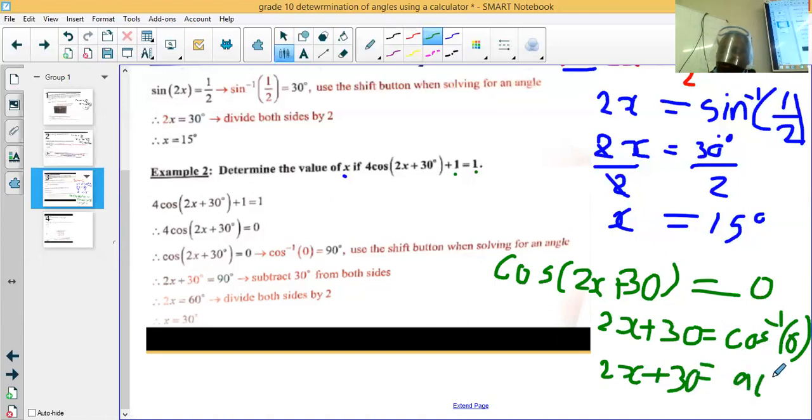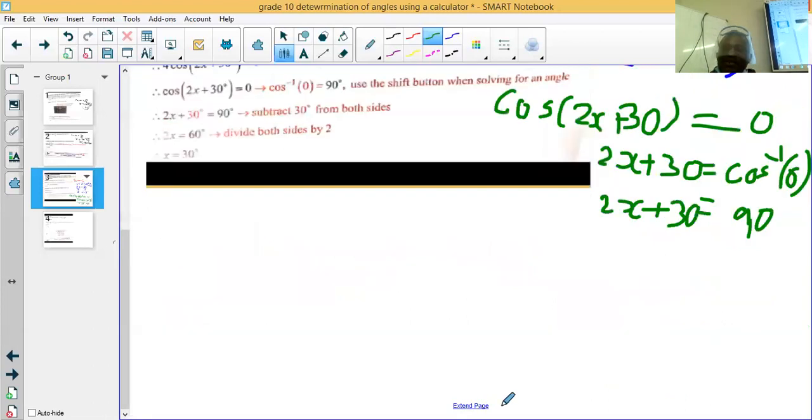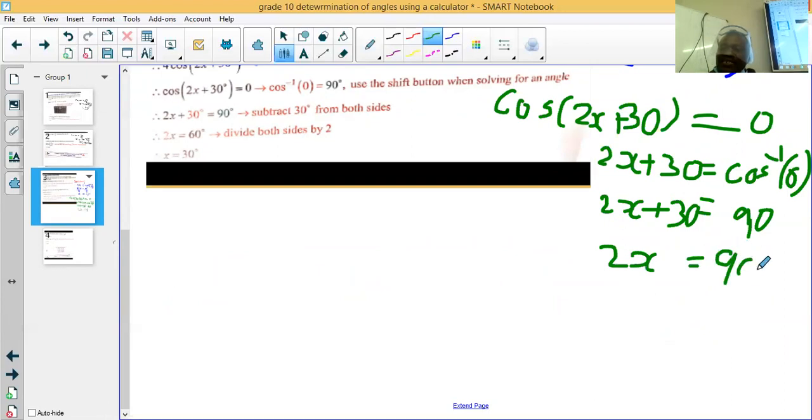So from this 90 that we have, now we solve this equation. What is it that we need to do now? We transpose it to the other side, right? So 2x is equal to 90 minus 30. 90 minus 30, what is the answer? 60.